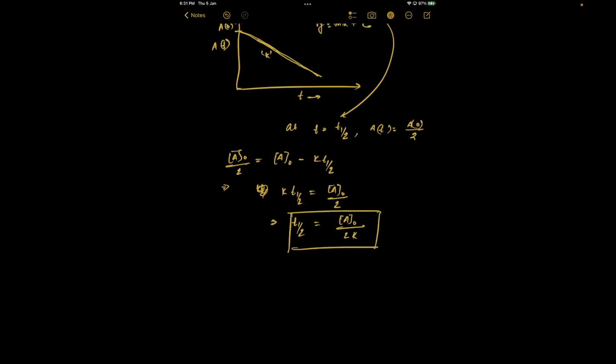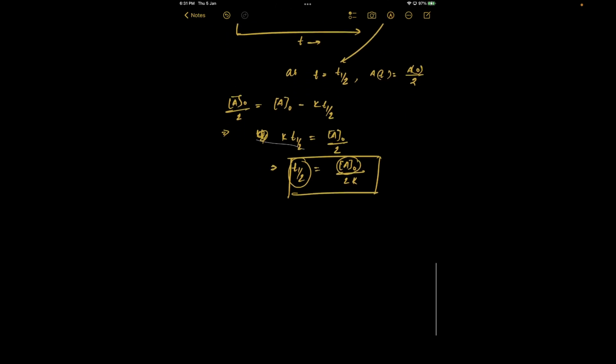This is the relation between the t half, that means half-life period, and the initial concentration. You can see for a zeroth order reaction the relationship is proportional. If you increase the initial concentration, the t half will also increase. If you double the initial concentration, the t half will also get doubled.